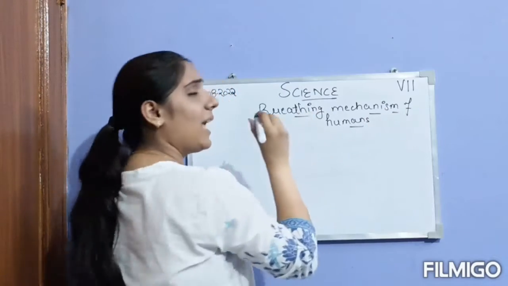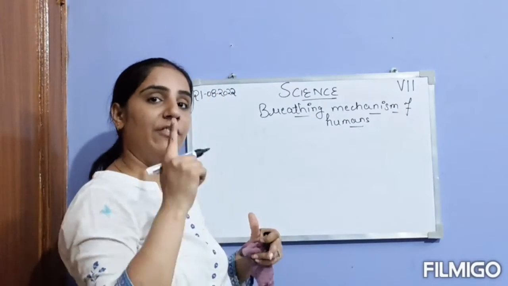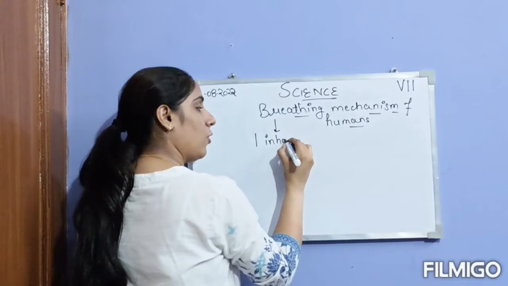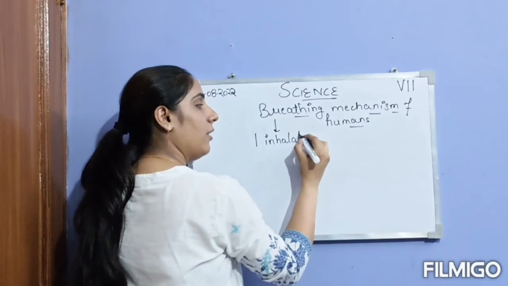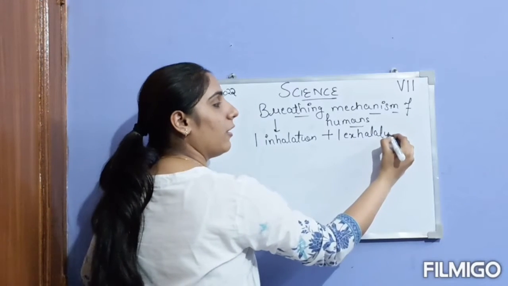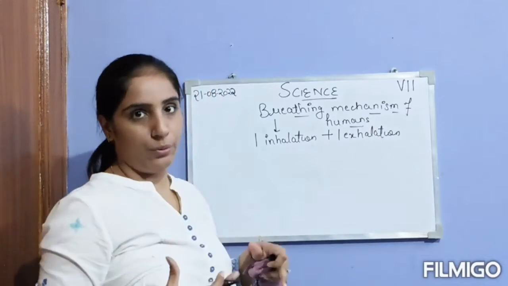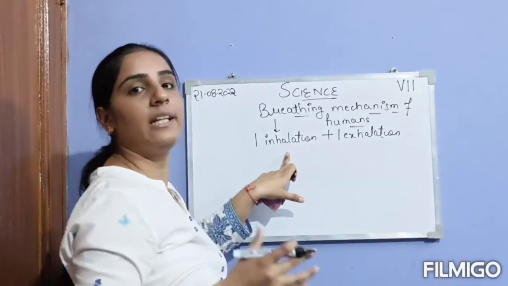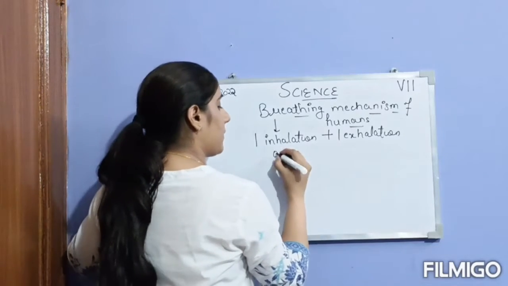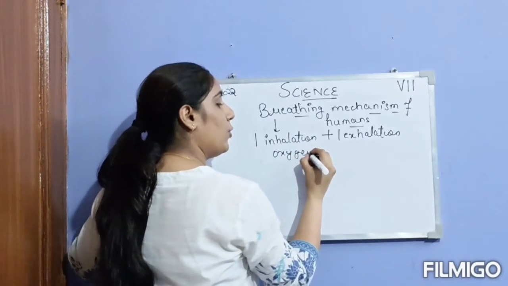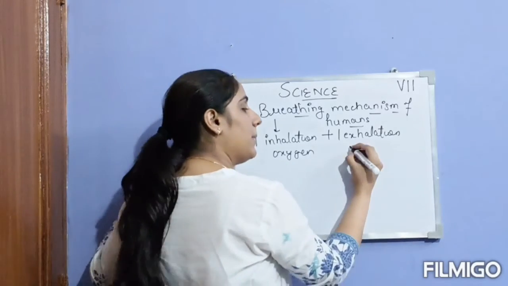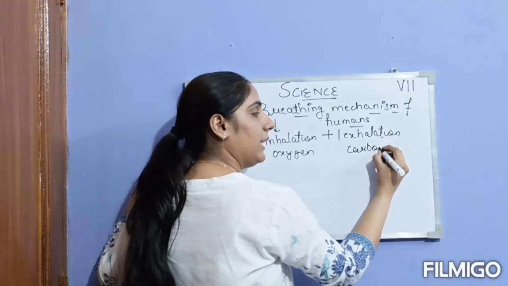As we have just noted, one breath constitutes one inhalation, or taking in of the air, plus one exhalation, or giving out of the air. We all know from the previous lessons that when we inhale, our body takes up more oxygen, while when we exhale, it gives out more carbon dioxide because it is not needed.